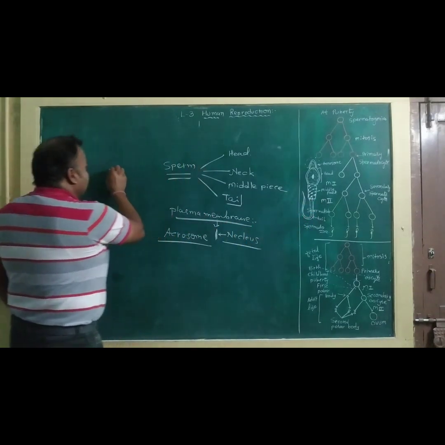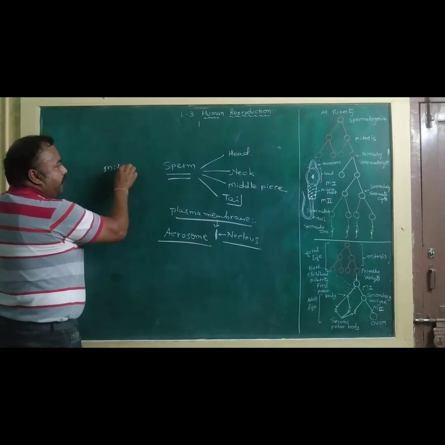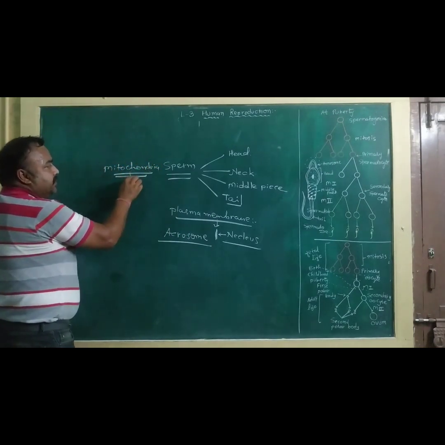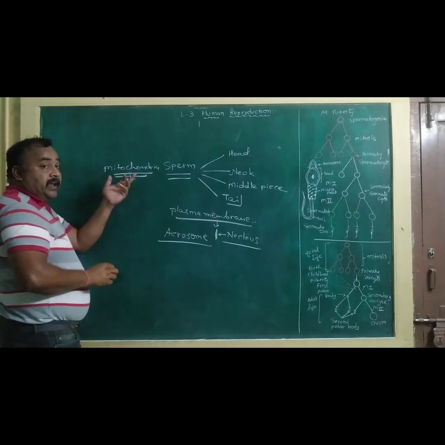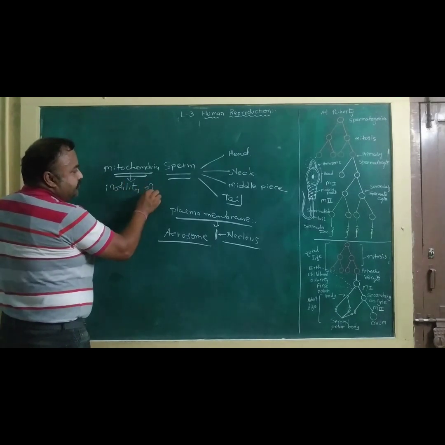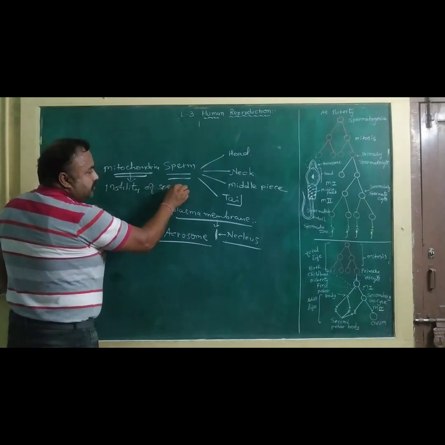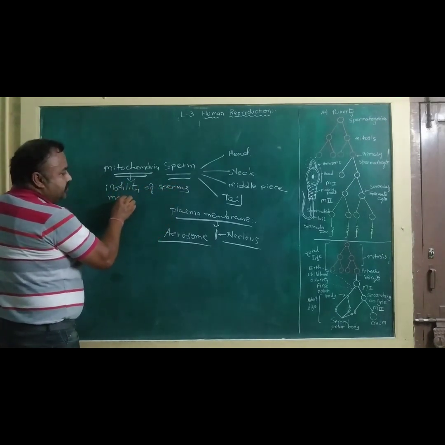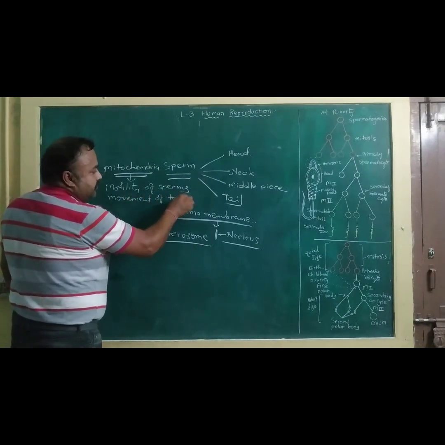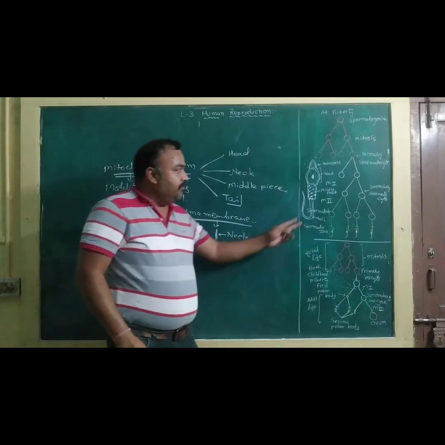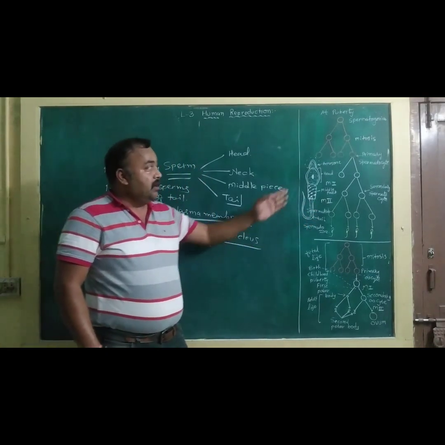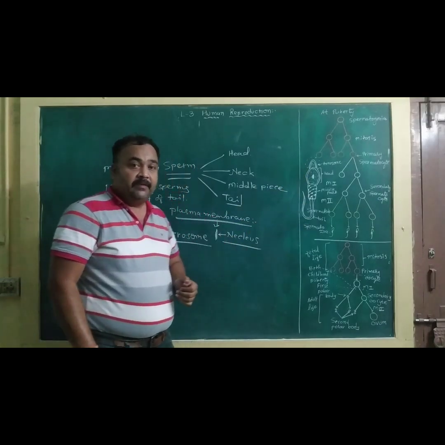That means the mitochondria of the middle piece contain the energy for the motility of sperms and the movement of the tail. And we know that the tail is the last portion, it is the end portion of the sperm cell.